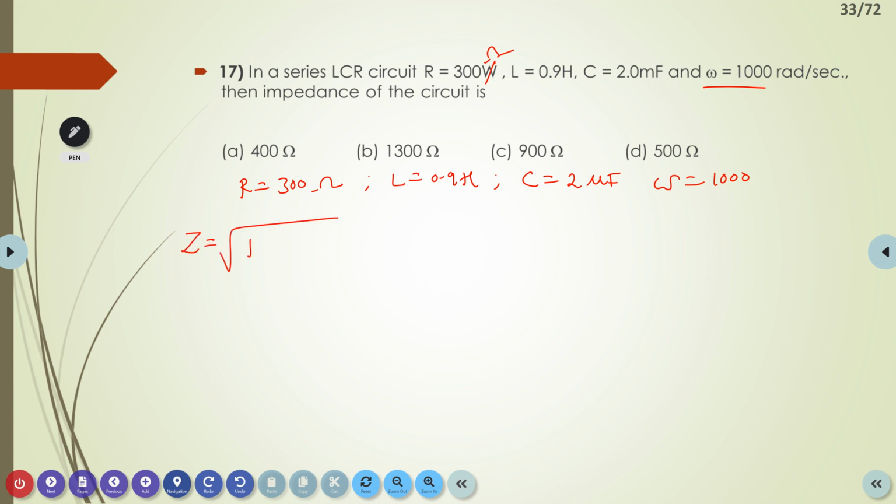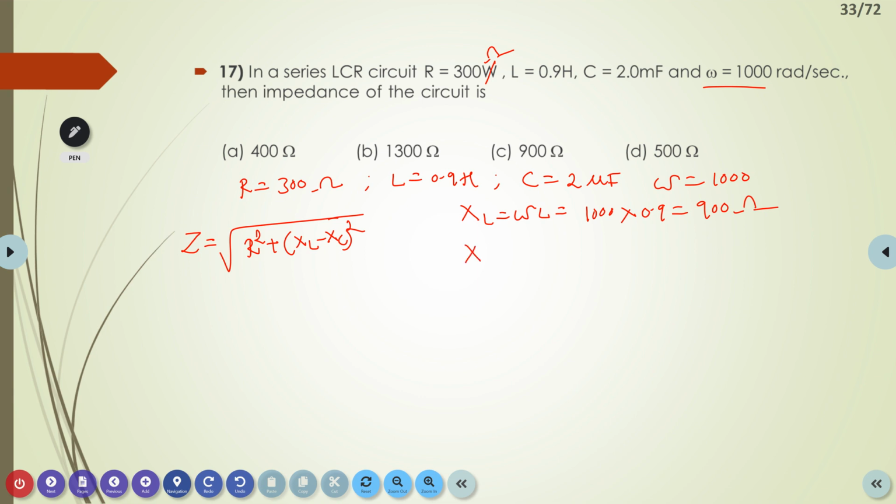Z equals square root of R square plus (XL minus XC) whole square. But how to calculate XL? XL equals omega into L, which is 1000 into 0.9, equal to 900 ohm. This is XL.